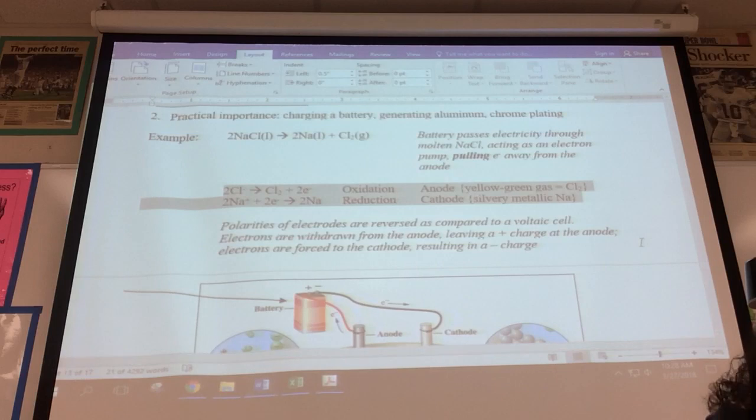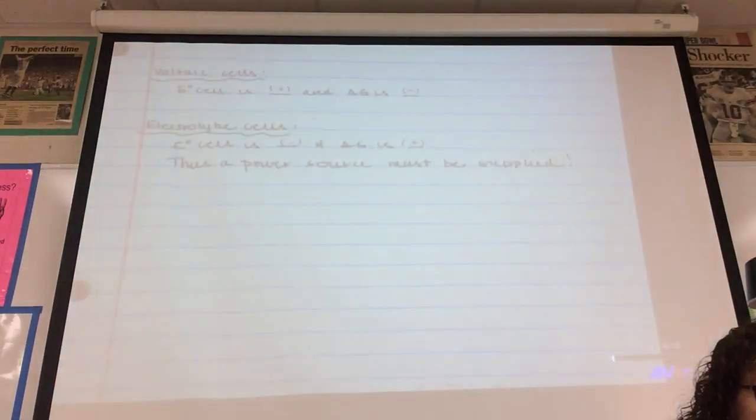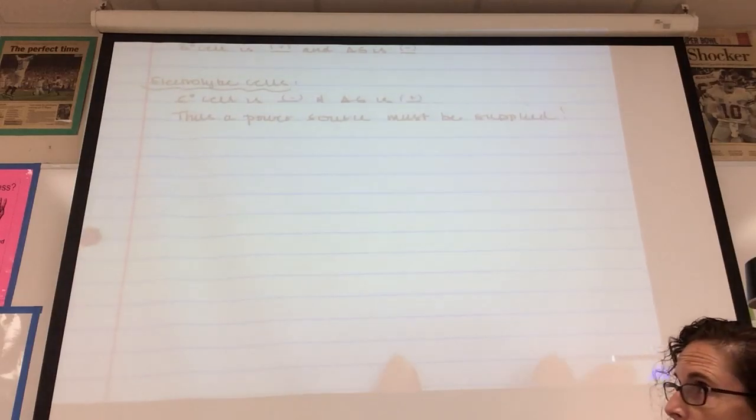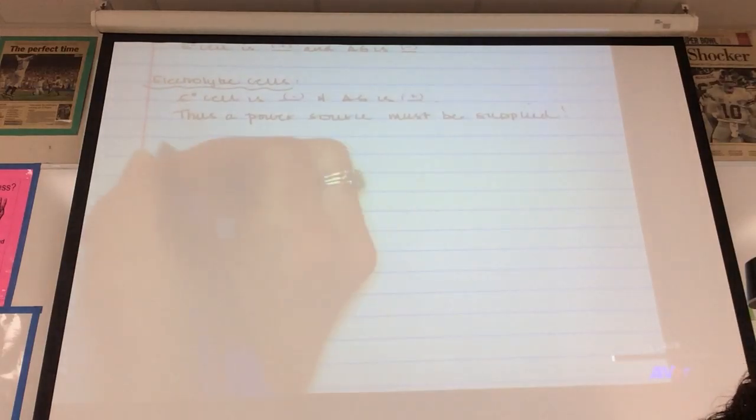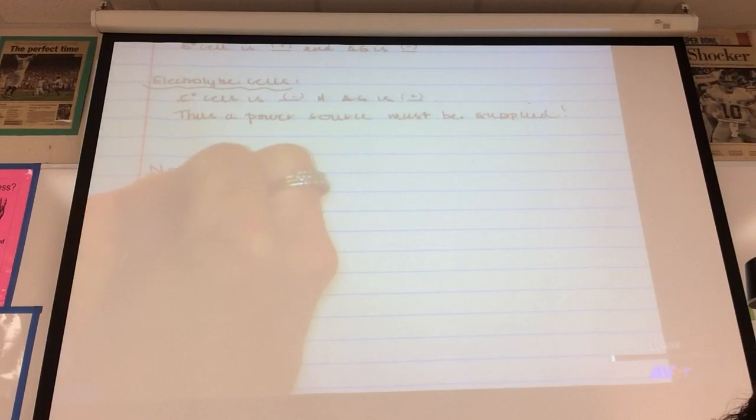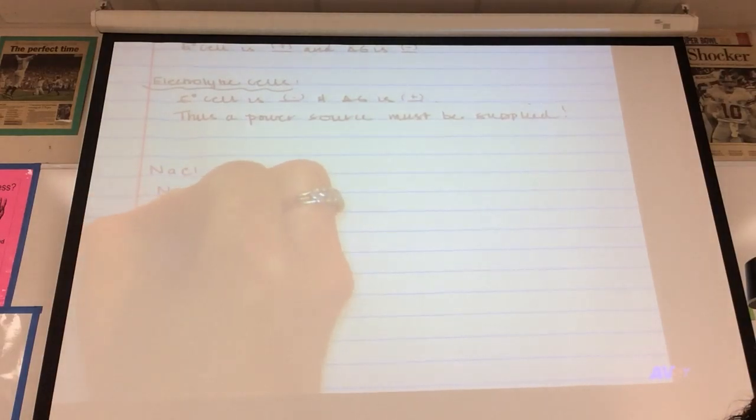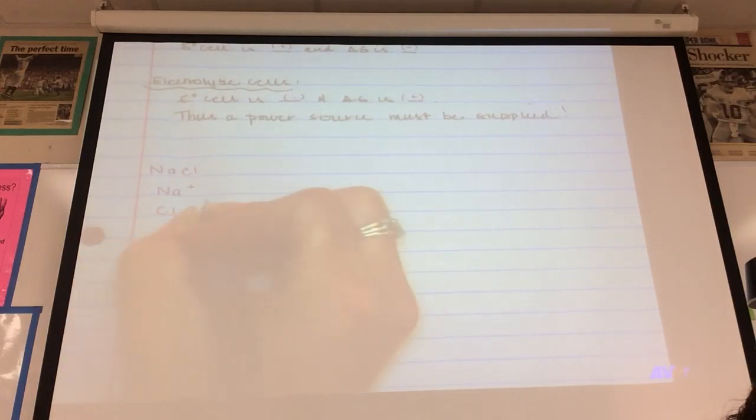And one thing I want to make clear from the get-go, because this will help you set up your equations, is that if you have something like sodium chloride, sodium ion, chloride ion, so looking at the compound, you'll then consider the ions.